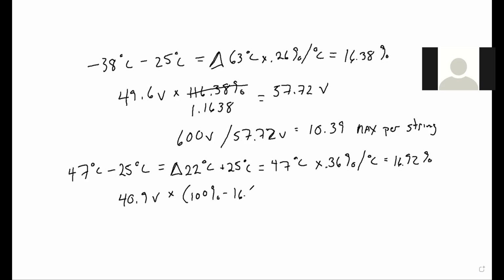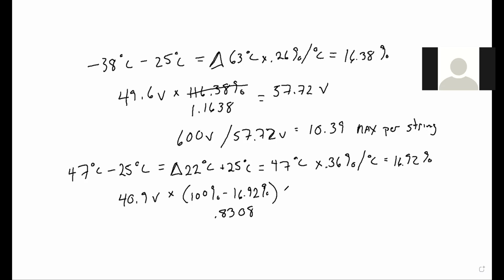minus 16.92%, which is going to be 83.08, or 0.8308. So I take 40.9 times 0.8308, and I find on the hottest day ever, this panel, that doesn't seem right, the result should be less.